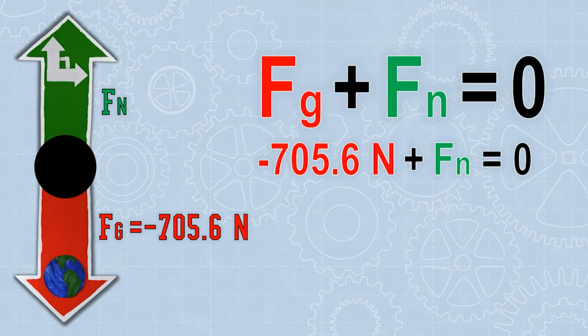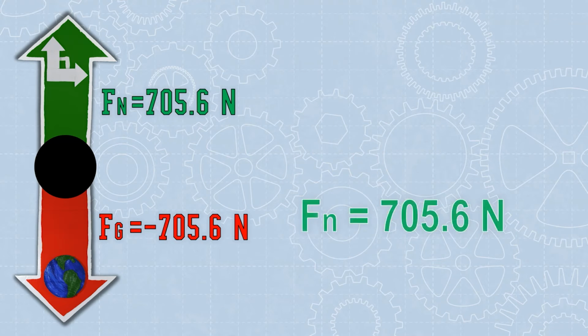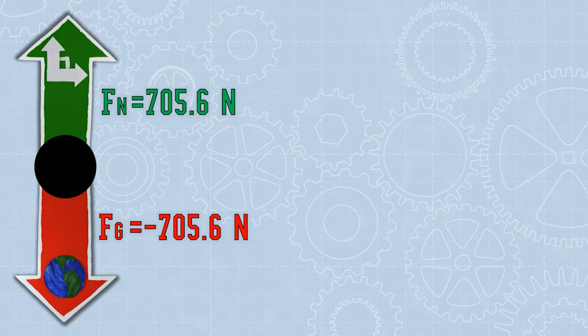So again, direction matters. The gravitational force plus the normal force has to equal 0. That's how I know it's balanced. So when I add 705.6 to both sides, that's how I get my normal force. 705.6 up, negative 705.6 down.